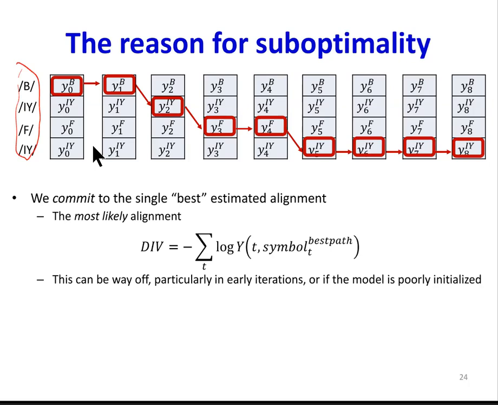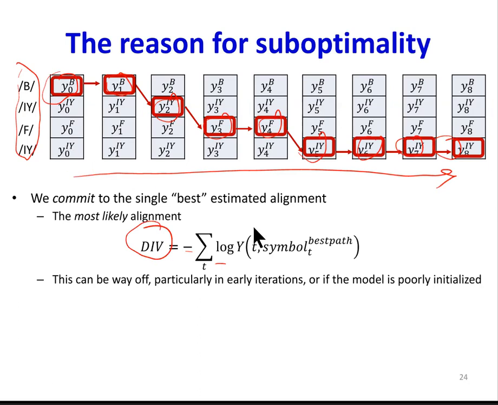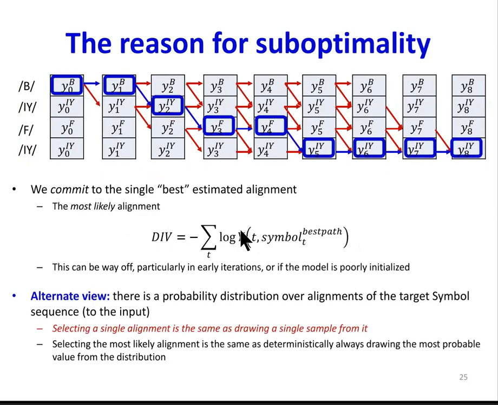And then on this most likely alignment, you could now compute a divergence, which is going to be the sum over all time of the negative of the log of the probability assigned to the aligned symbol at each time. And this was the divergence we were trying to minimize, right?